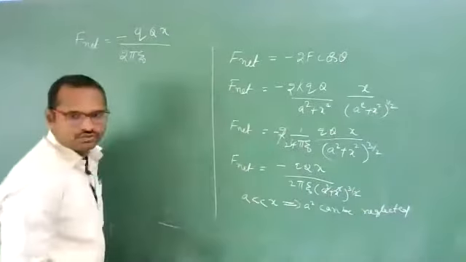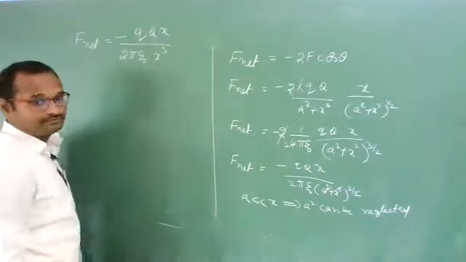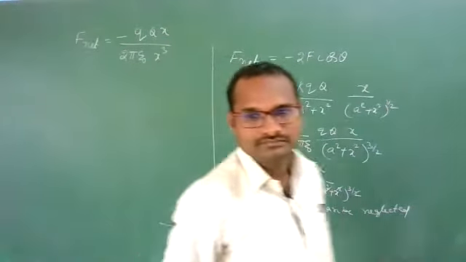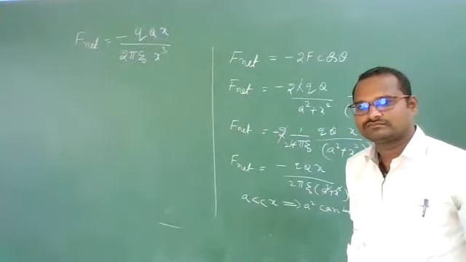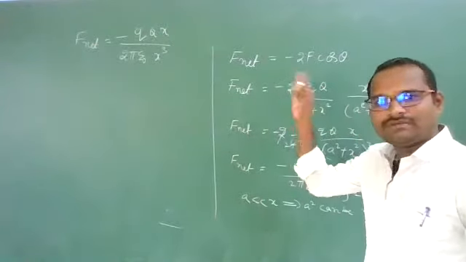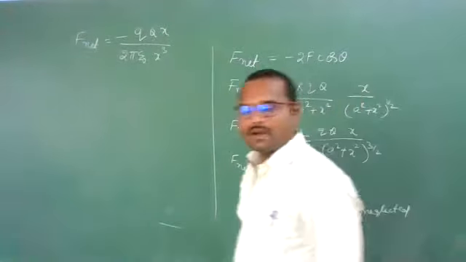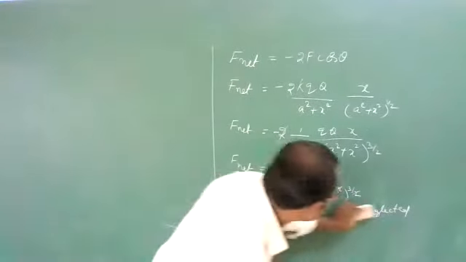Square and 1 by 2 cancel, you will get X cube. You will get 1 by X square. X's cancel.